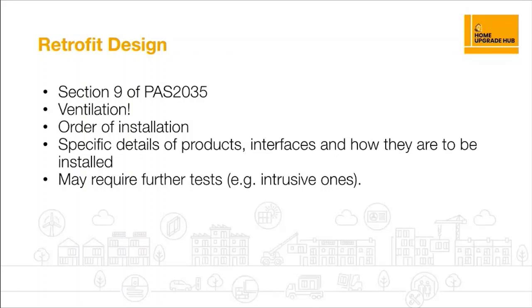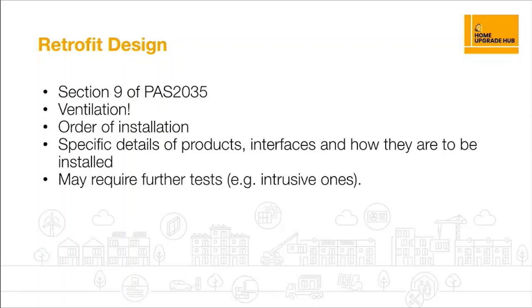So what is retrofit design? This is all laid out in section 9 of the standard. But basically it's design that meets those requirements and includes things like the supporting information, the specification that you're going to need. It should identify any ventilation improvements and the order of measures, so the order in which measures need to go in.